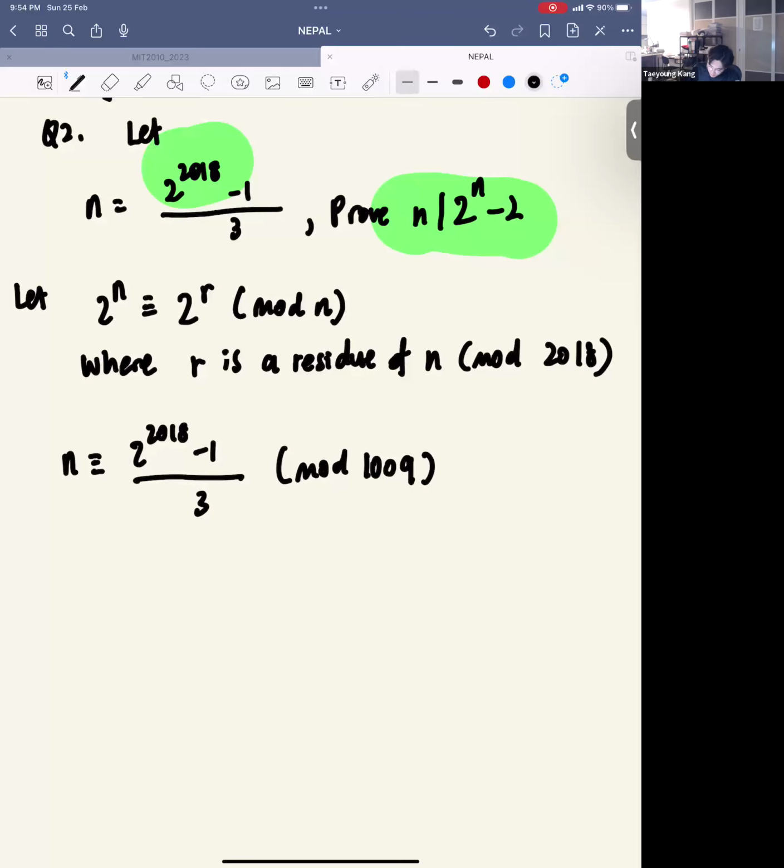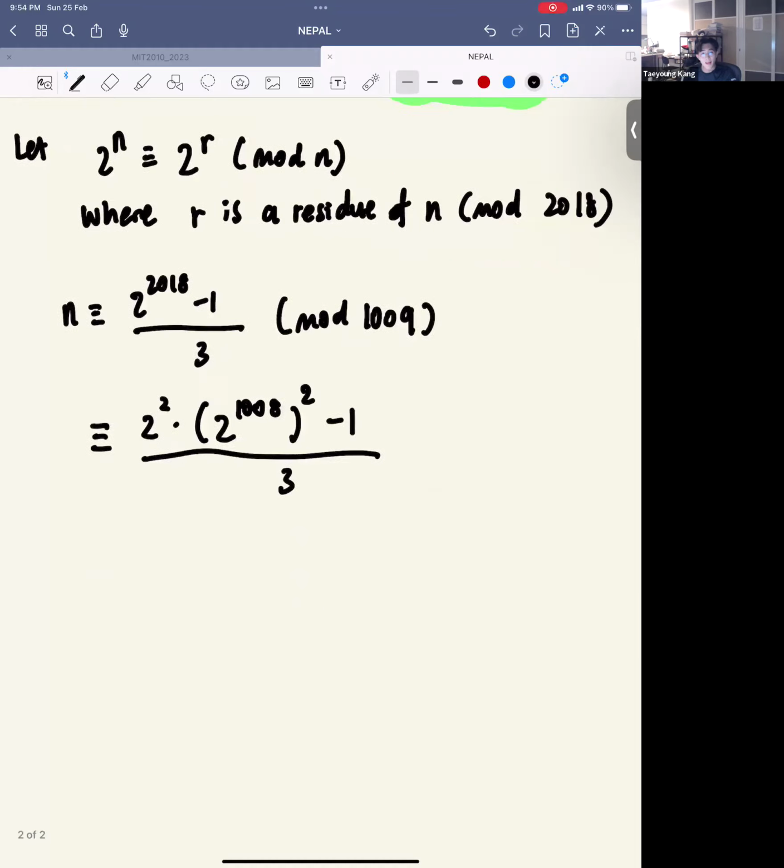And we notice that this is congruent to 2 squared times (2 to the power of 1008 squared minus 1) divided by 3. And if you recall, 2 to the power of p minus 1 is congruent to 1 mod p, right?